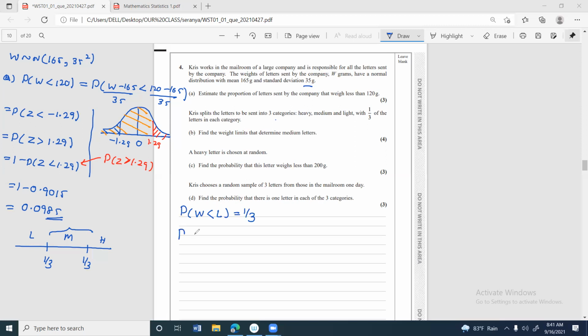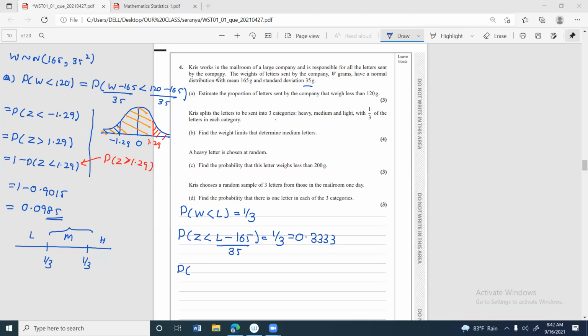Then I can convert them into standard normal: Z equals L minus the mean value, 165, divided by 35, equals one-third. So we work out for one-third, which is 0.3333.